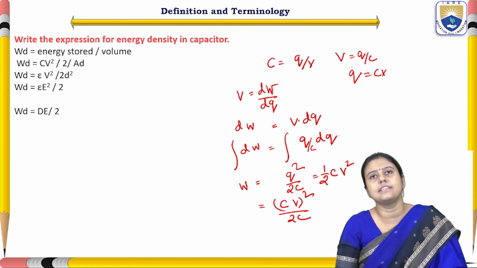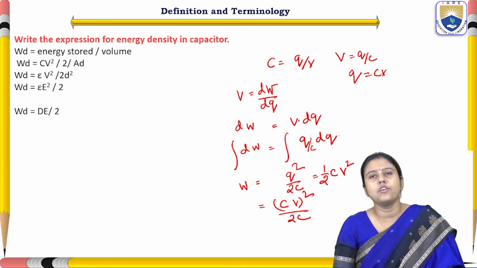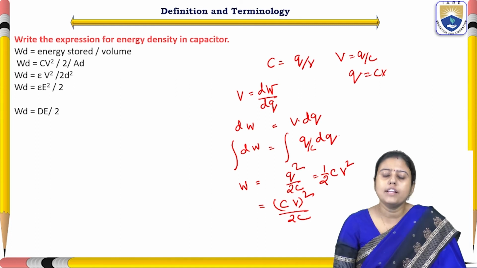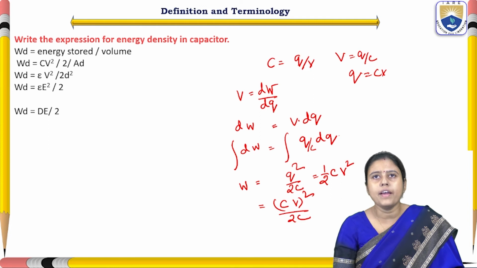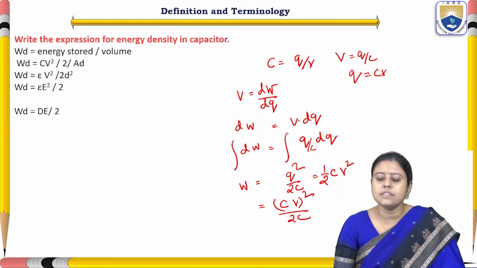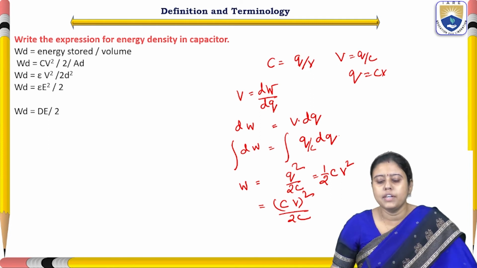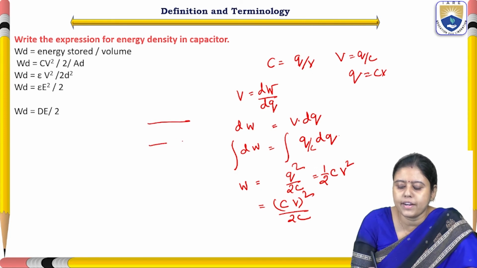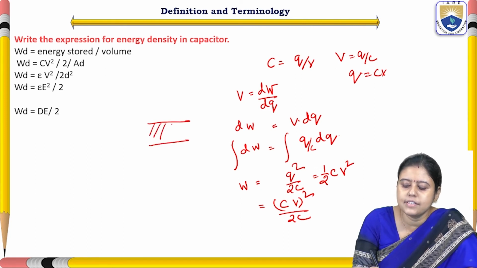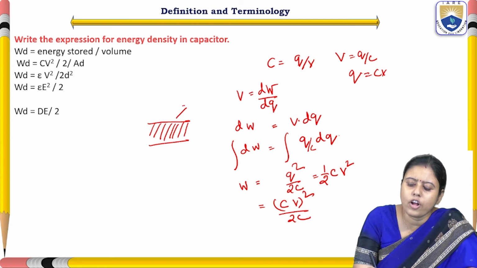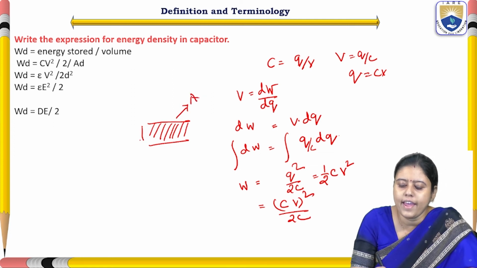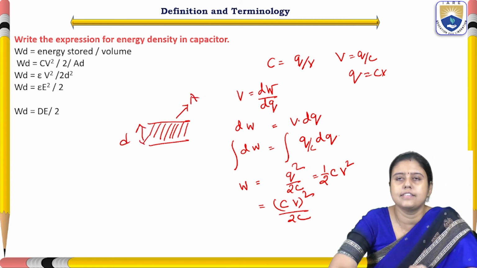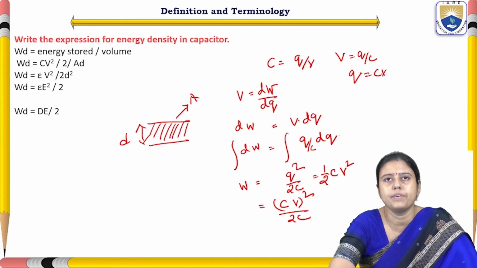Now what is the energy density? Energy density is nothing but the energy stored per unit volume. So what is energy stored? Half CV squared divided by volume. Volume means A into D, if it is a parallel plate capacitor, where A is the cross-sectional area and D is the distance between the plates.